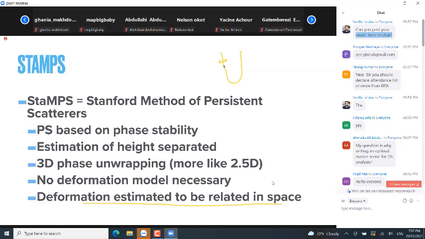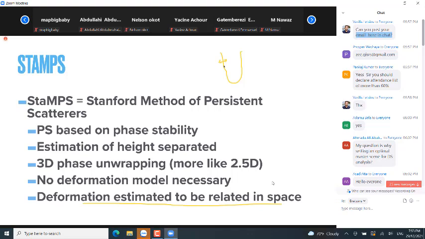In landslides, it is quite typical that you have a strong difference between motion inside the landslide and outside of the active part of the landslide. So the deformation that you have is not related in space. What happens then in StaMPS is typically not a huge problem, because you're going to detect the landslide.